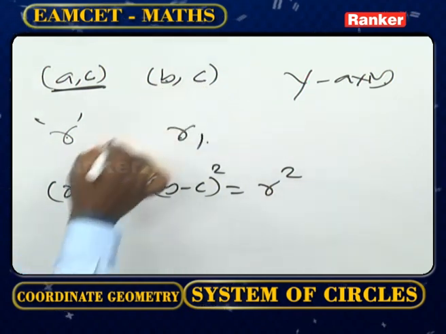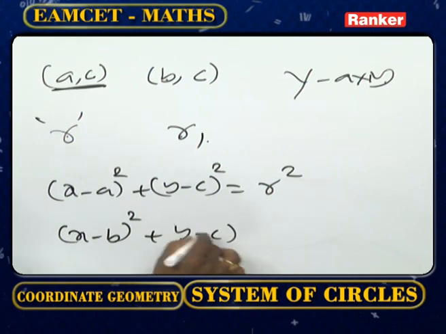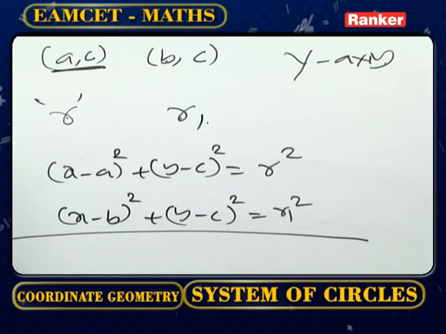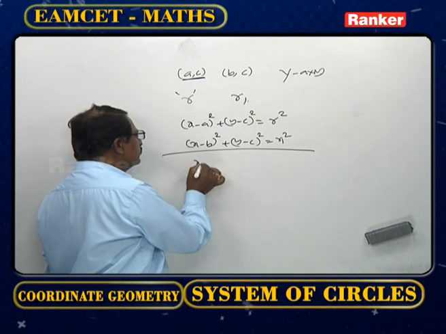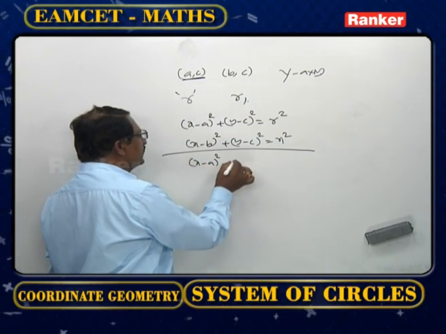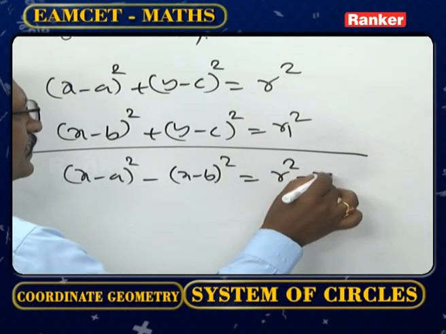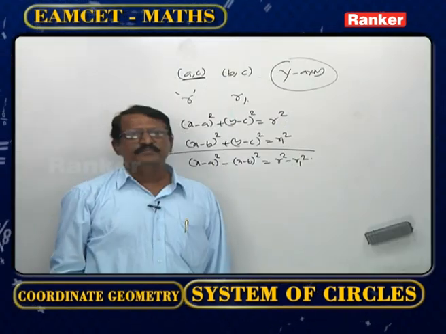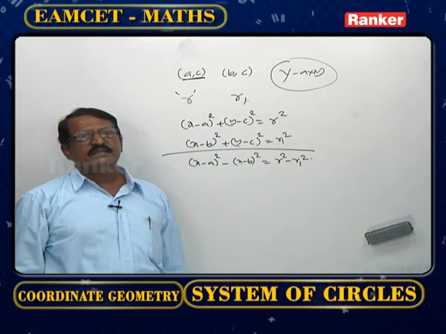The equation of the second circle is (x - b)^2 + (y - c)^2 = r1^2. The radical axis is obtained by subtracting the second circle equation from the first. Now (x - a)^2 - (x - b)^2 = r^2 - r1^2. But the given radical axis is the y axis, whose equation is x = 0.